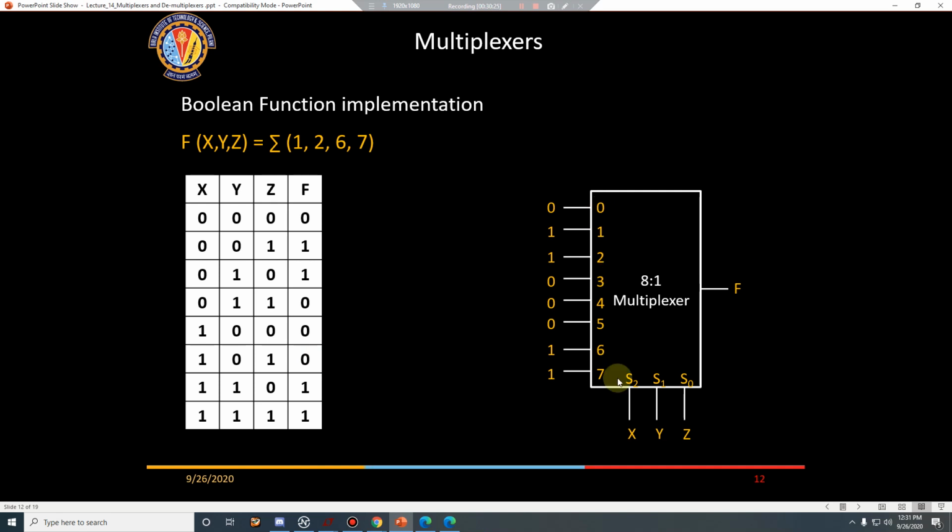When you have an IC, the pins will be numbered accordingly, S0, S1, S2 and 0 to 7. No, I am saying that if we put X, Y, Z as 0 0 0 we get 0 because it's the first one, and if we put 0 0 1 we get 1. How do we know that?